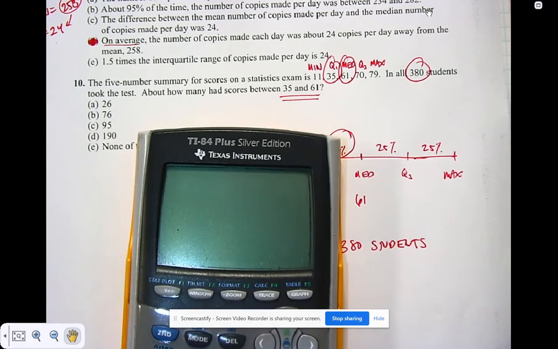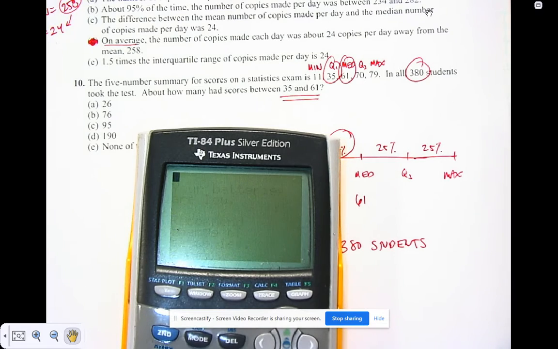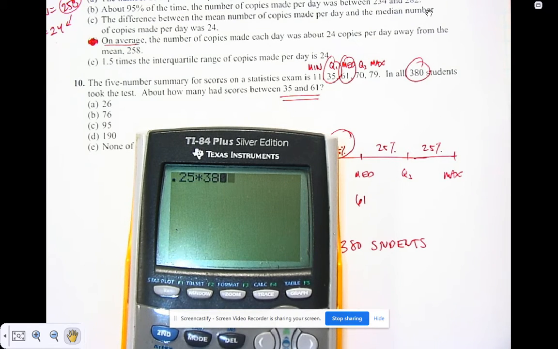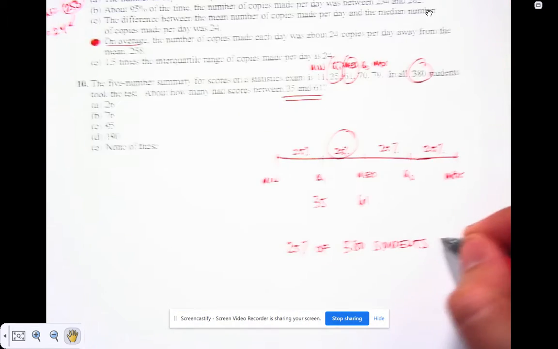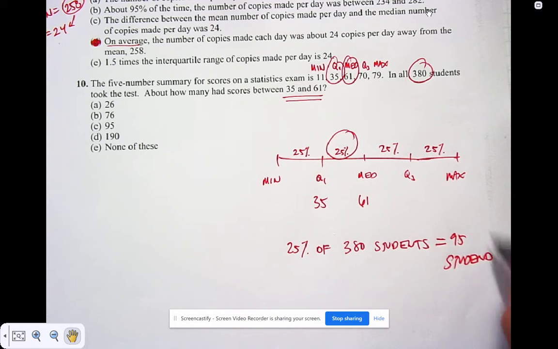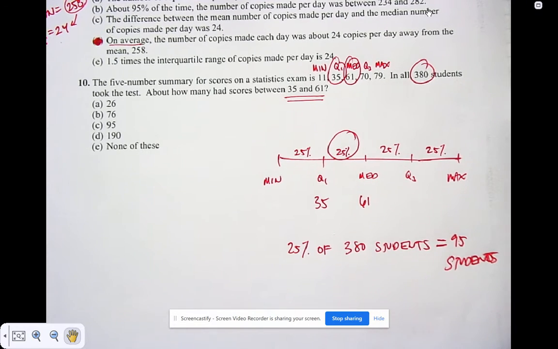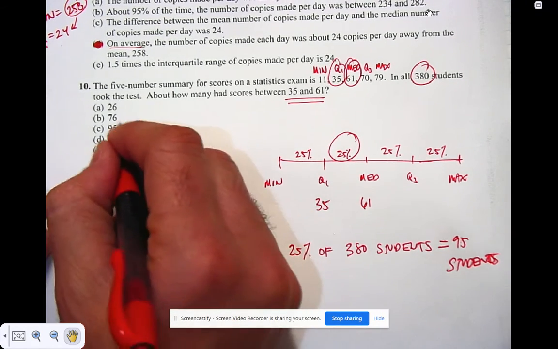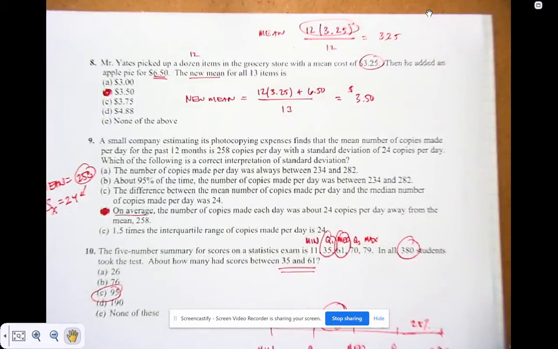Simple math. 25%, 0.25 times 380 students gives you 95 students. Okay, so 95 students, you would pick C.